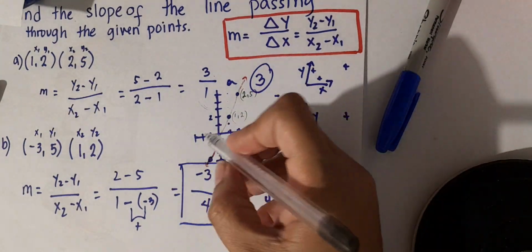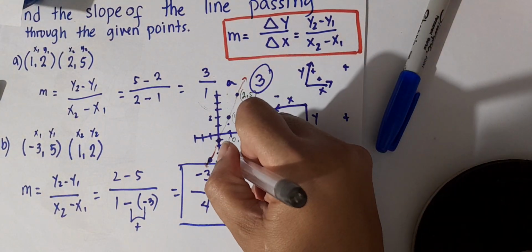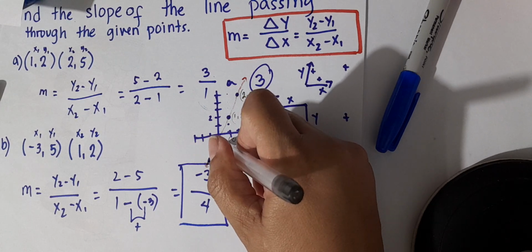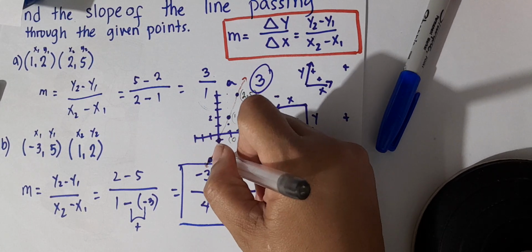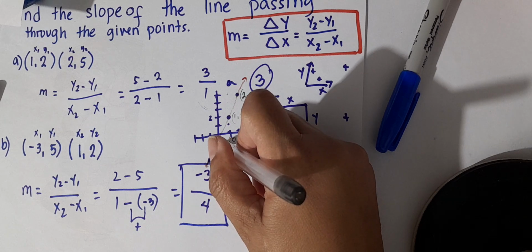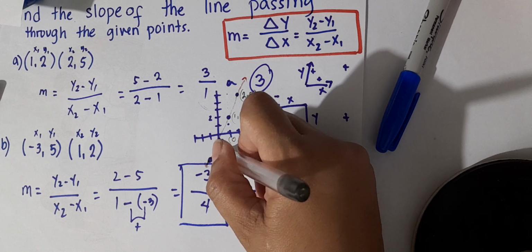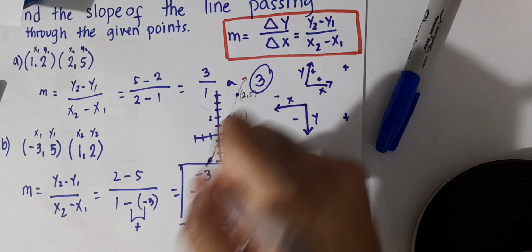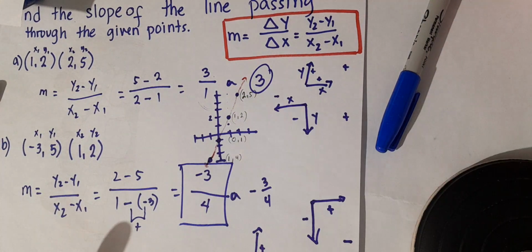And the next point will be 1 and 4. So these are the points.